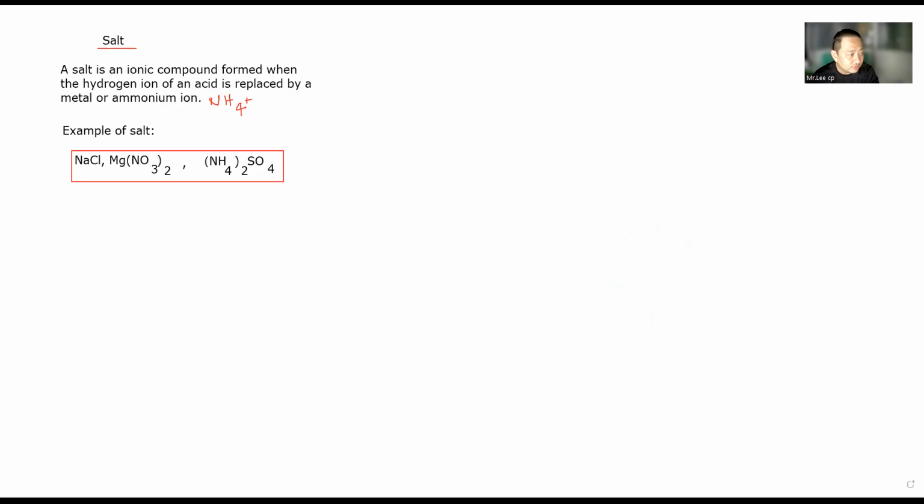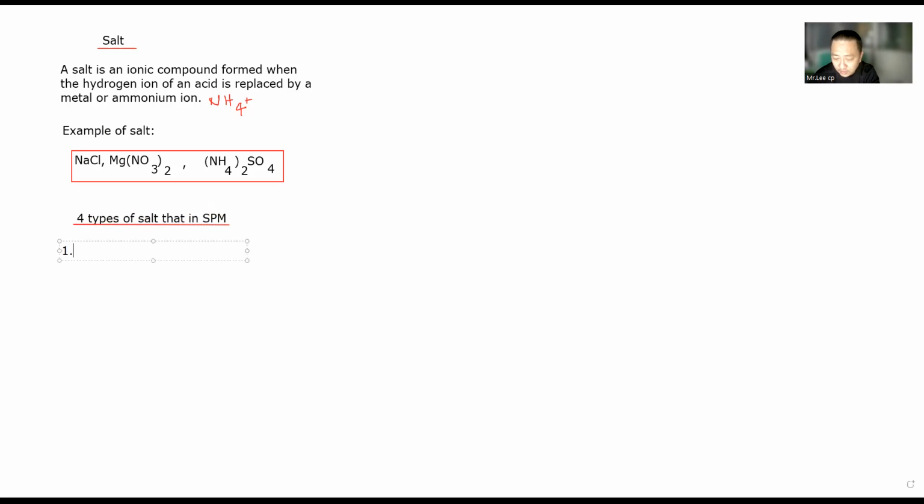If you know how to differentiate them, then in SPM you only need to learn 4 types of salt in the syllabus. I will name them for you. I want you to know this and memorize it.